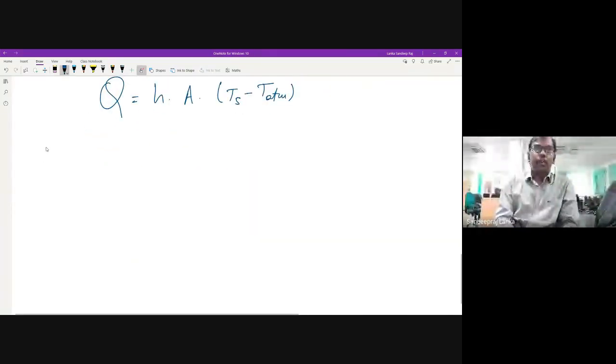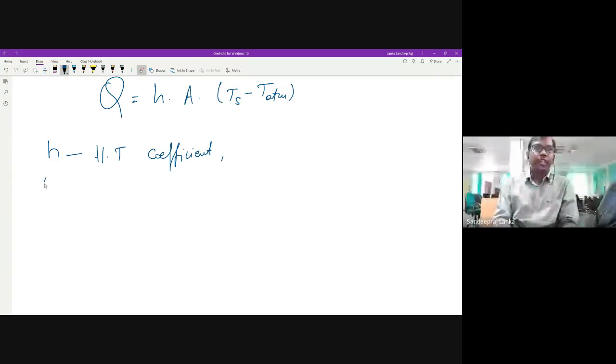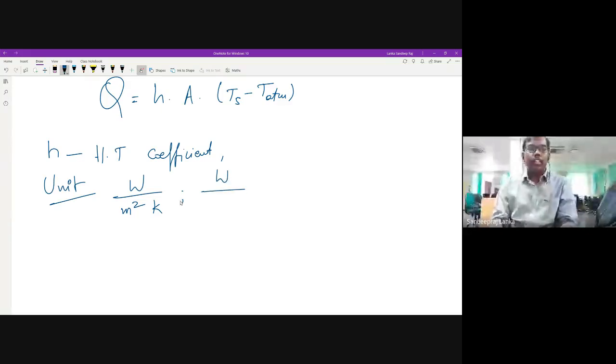Next, coming to the story of H. What is H here? I already told you that it is the heat transfer coefficient, and the unit for this H is watt per meter square Kelvin. For thermal conductivity, it is watt per meter Kelvin. For heat transfer coefficient it is watt per meter square Kelvin.